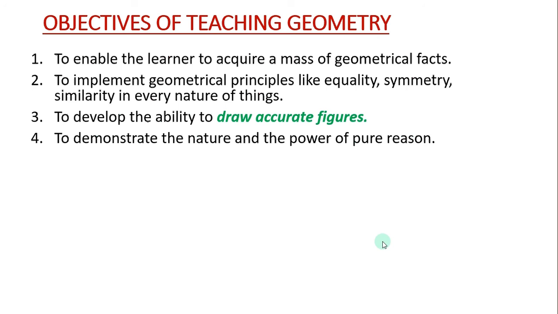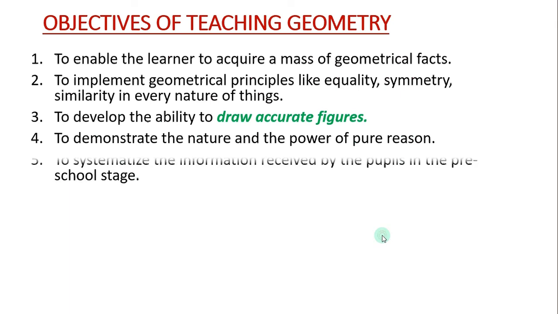To make them understand that is one of the objectives. To systematize the information received by the pupils in the preschool stage. Whatever they learn step by step, we have to systematize the information.